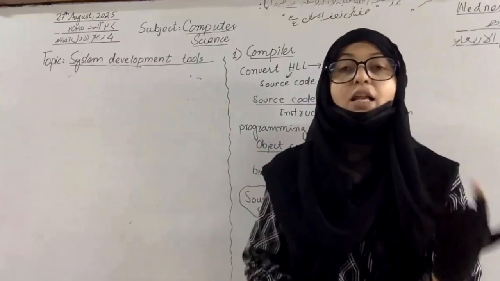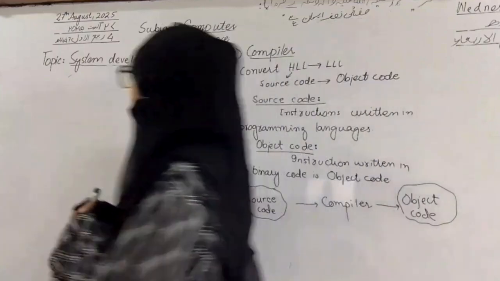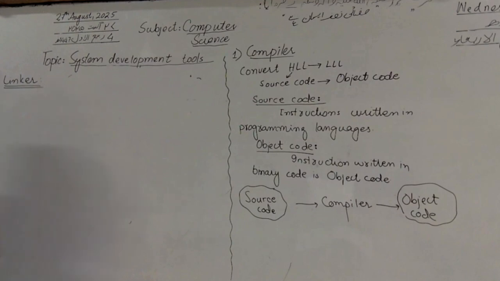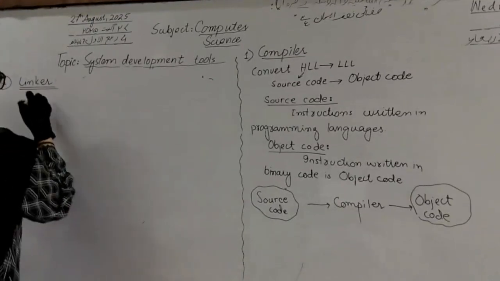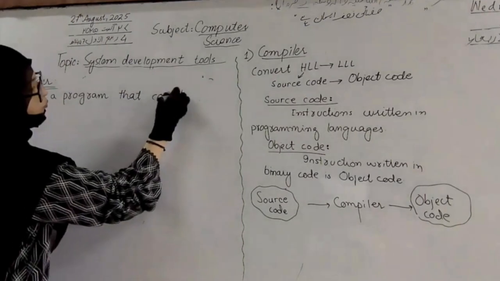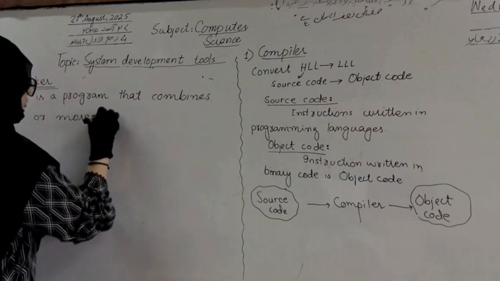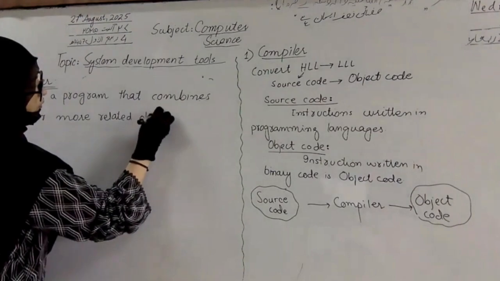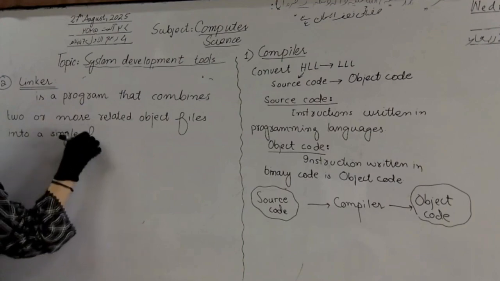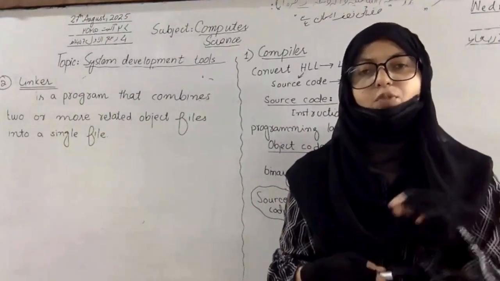So a linker is a program that combines two or more related object files, not just any, related object files, into a single file.